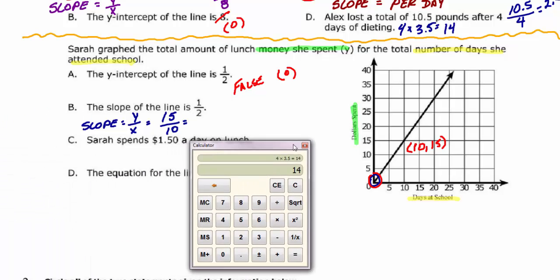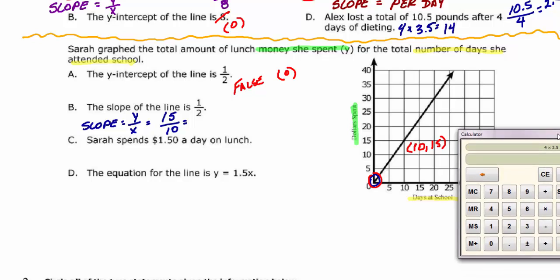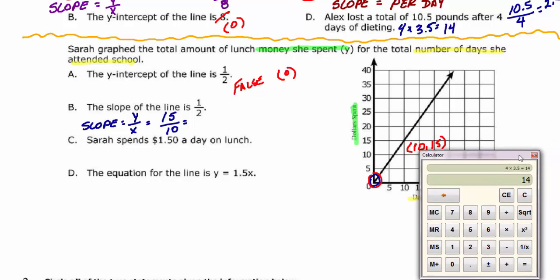If we bring back our handy calculator, we'll just shove it right over there. 15 divided by 10, 1.5. 1.5, not a half, 1.5. So false.